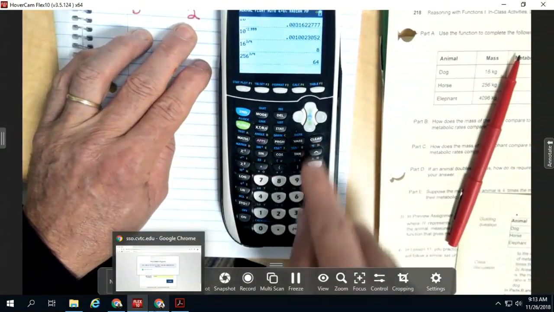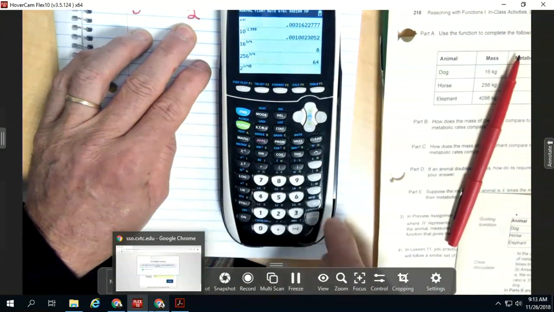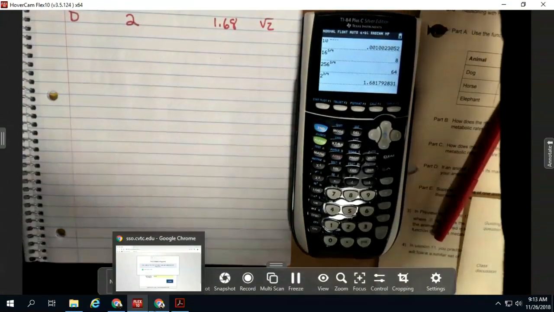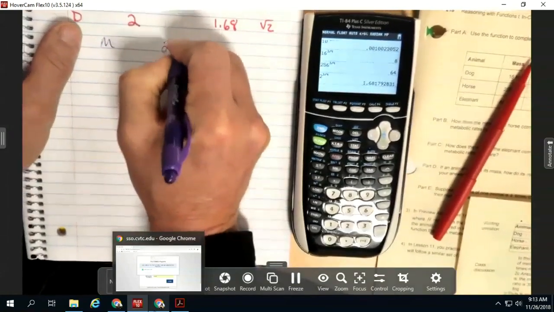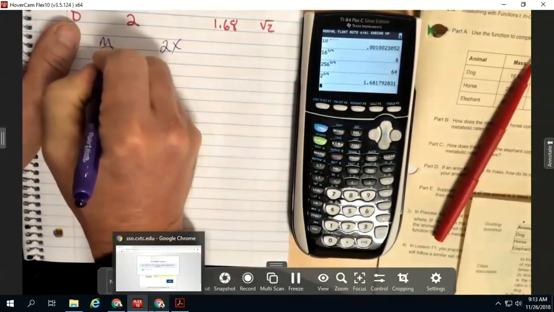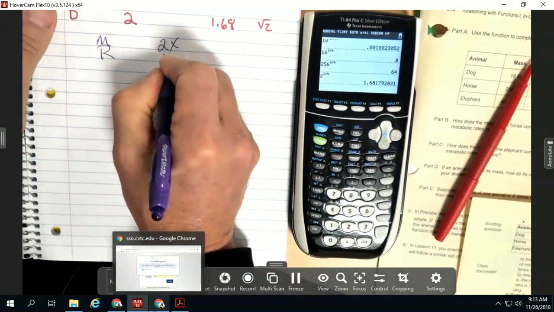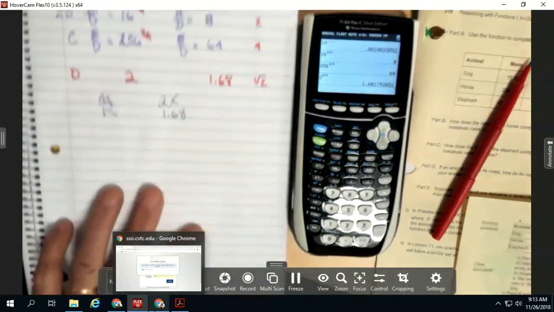2 to the 3/4 is 1.68. So if the mass doubles, the metabolism increases by 1.68. Think about it this way.